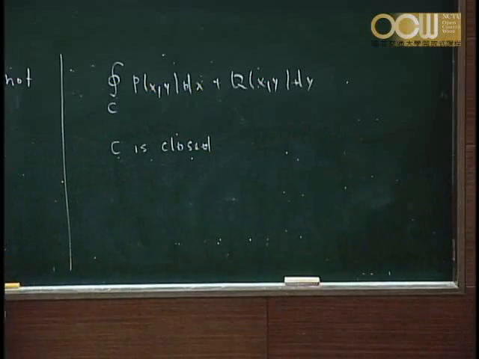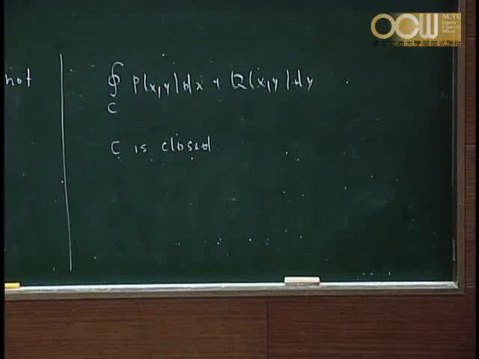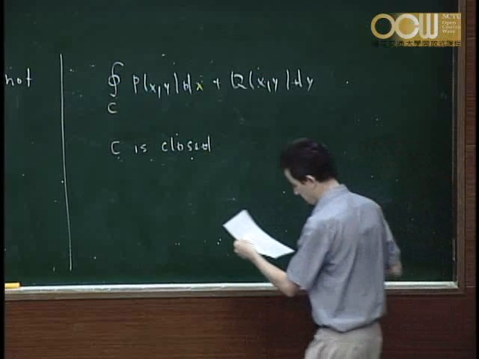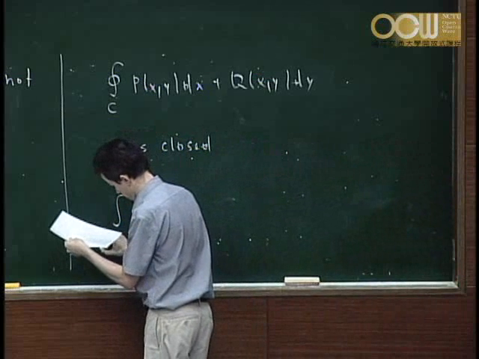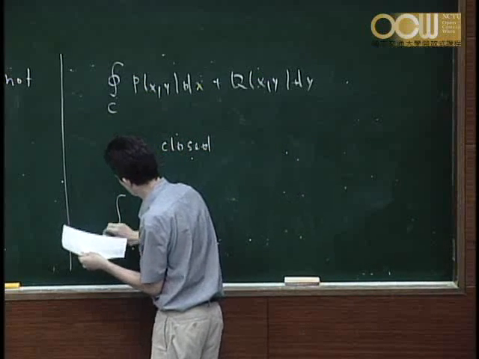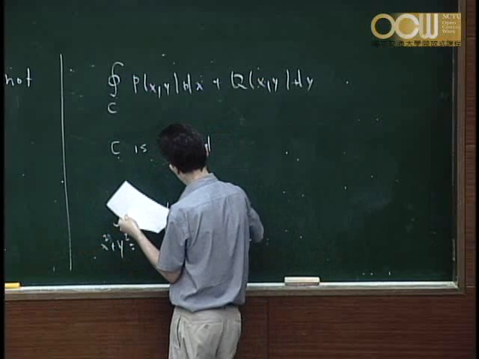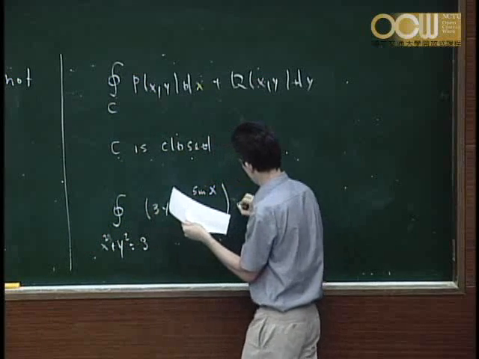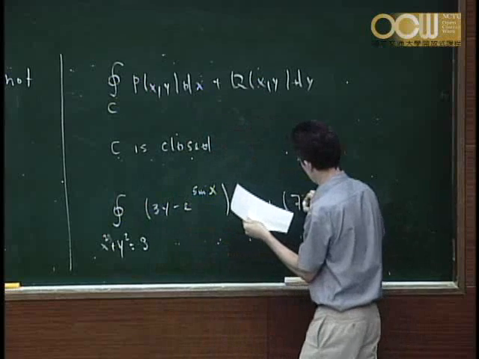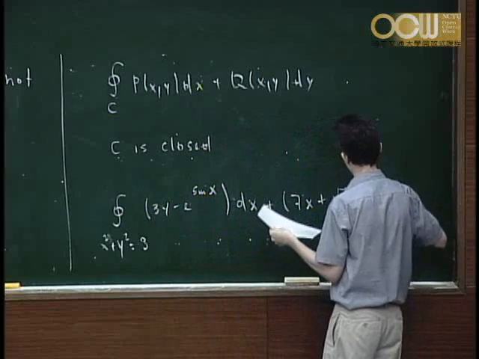For instance, such a line integral can be quite complicated. I give you one. For instance, this one, where we are going around the circle, and we have 3y minus e to the dx plus 7x plus dy.